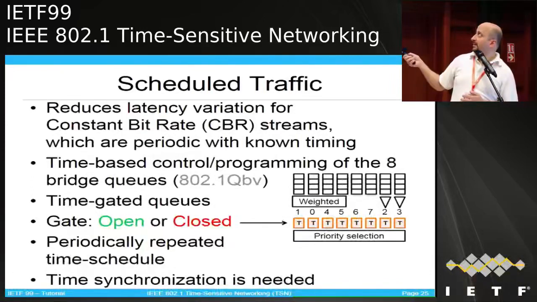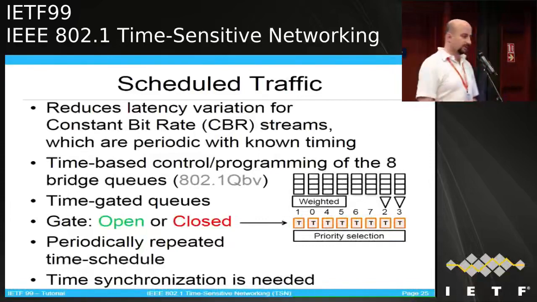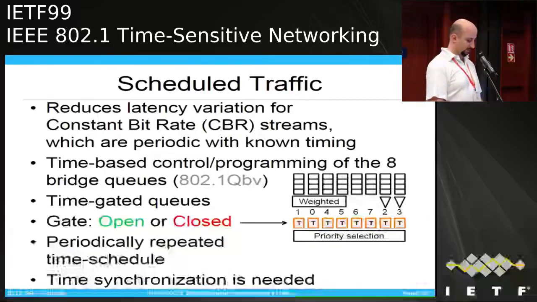So there is a gate before the transmission selection up front of each queue, which can be open and closed. And these gates are programmed according to the time. So it gives a time schedule, and of course, you need to know the time. So time synchronization is needed. So you can establish time slots or can do quite fancy things with this tool, the time-gated queues.